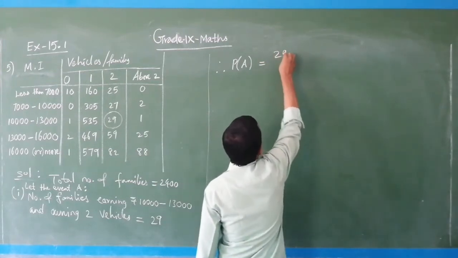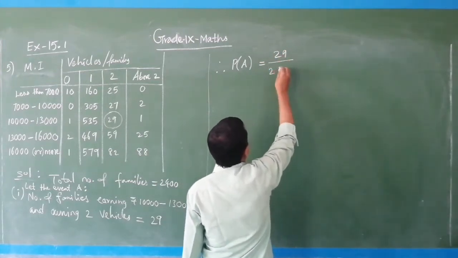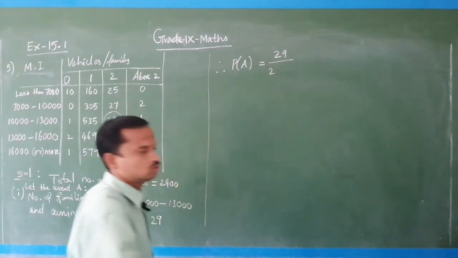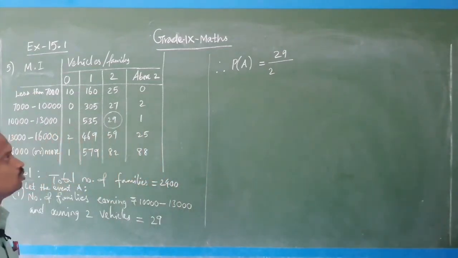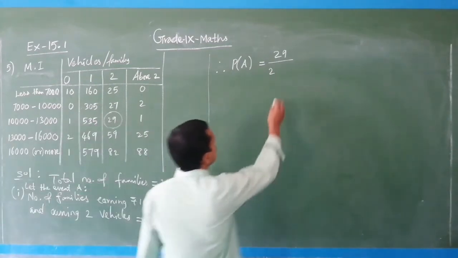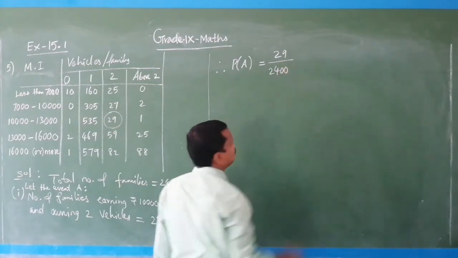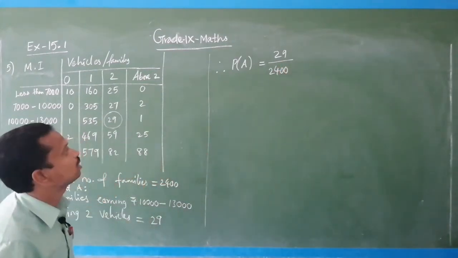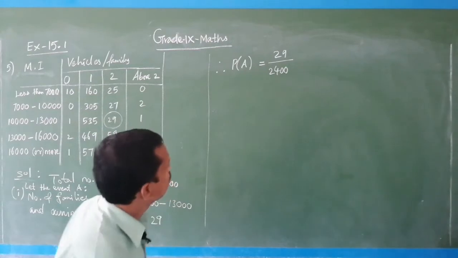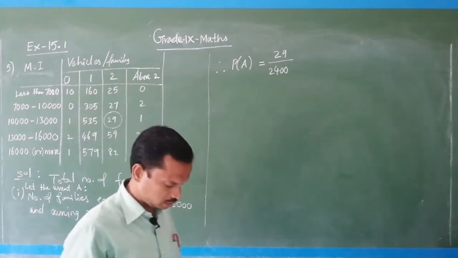So 29 by total number of trials, that means total number of outcomes like that you have to take. So in the numerator you have to write the number of families earning this level and owning 2 vehicles is 29, divided by total number of families. So that is 2400. So that's the answer. You cannot simplify it. Okay, so that's the answer.